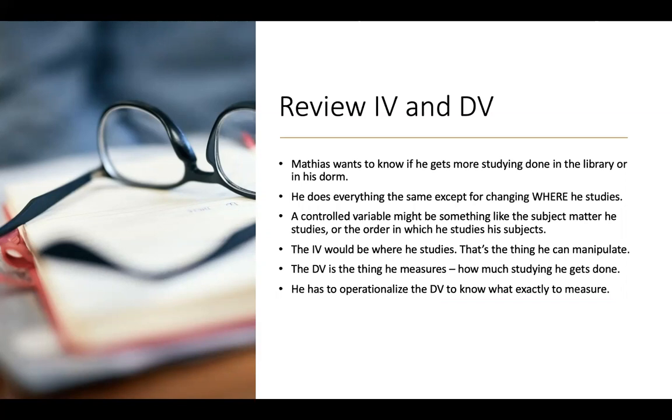That is the dependent variable. And so if he operationalizes the dependent variable to equal number of pages that I read, or to equal number of hours I could last, or however he decides to operationalize it, that's his operational definition. And then he's going to measure that as the dependent variable.